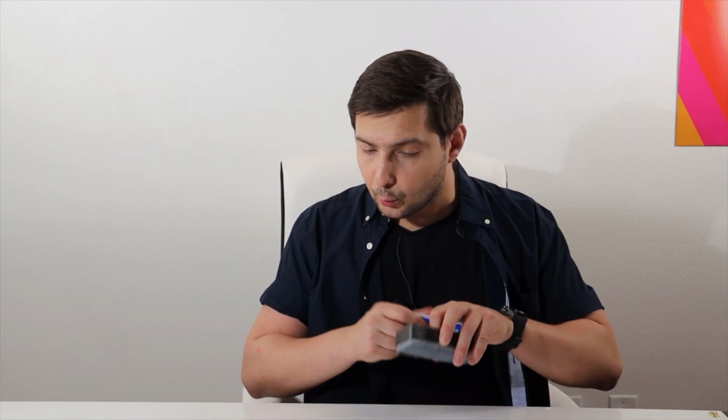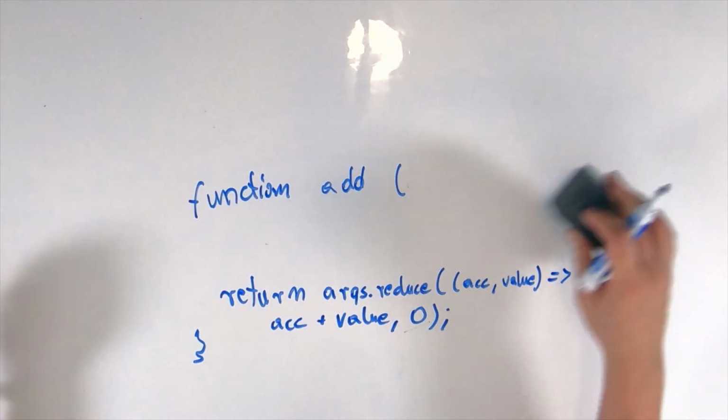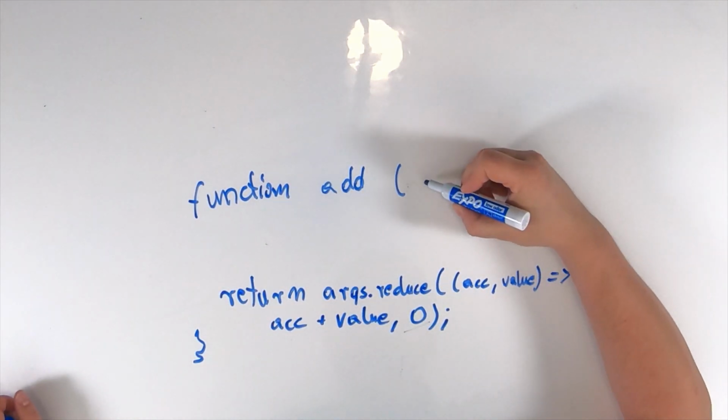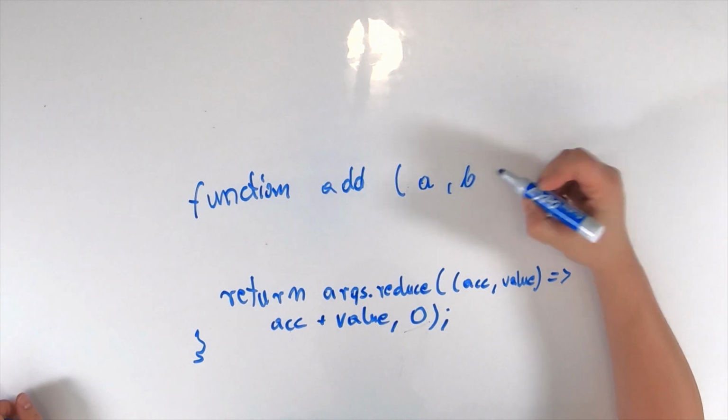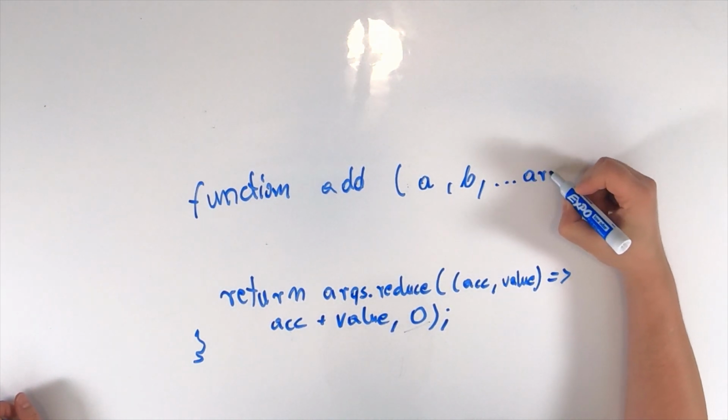We can change our add function to always accept two arguments like a and b, and then the rest of the parameters as an array. The beauty of REST parameters is that it is always an array, even if you don't pass any argument. We can change our function to accept a and b arguments, then REST, which is args.